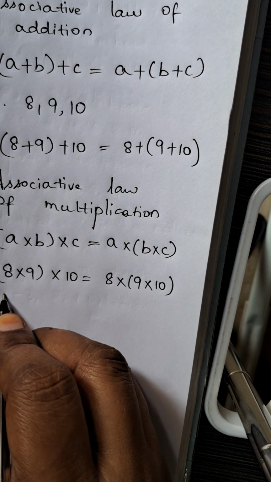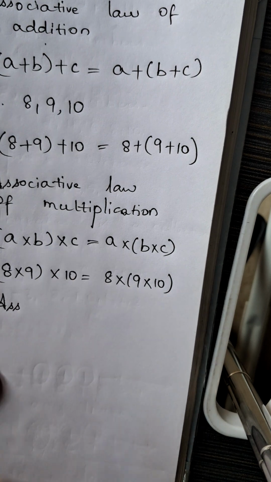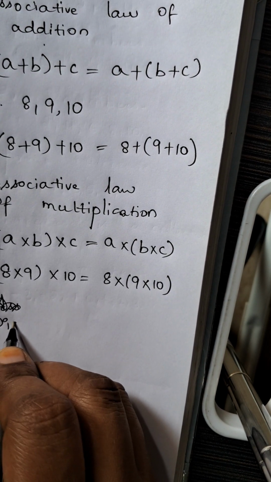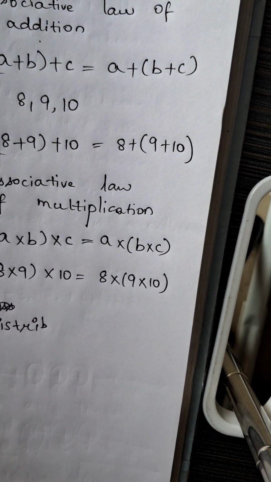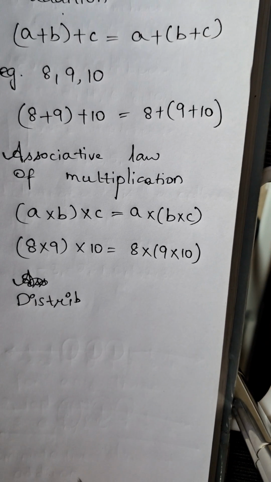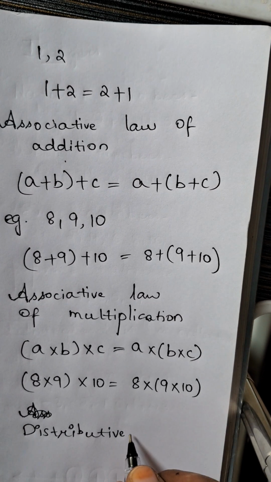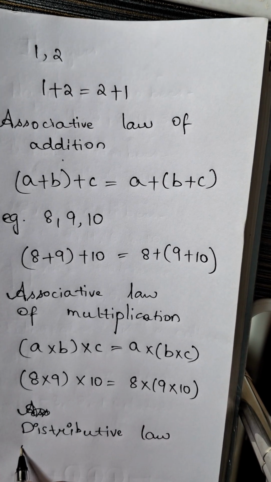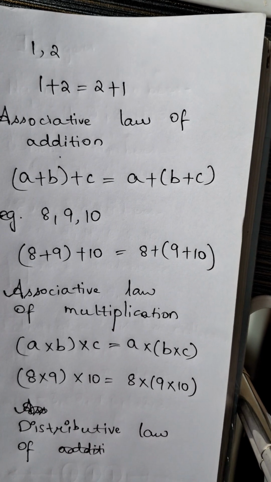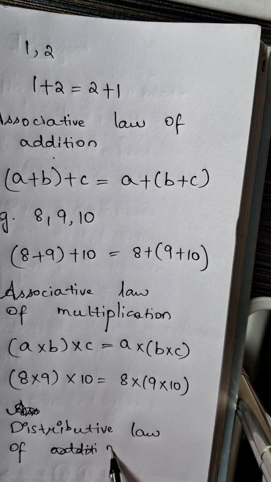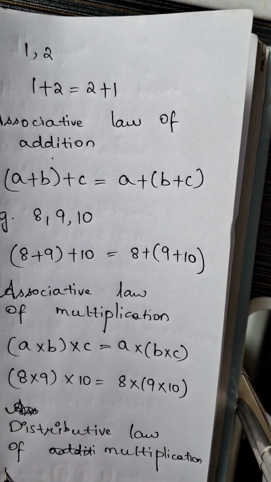Associative law of addition is done, associative law of multiplication is done. The next property is the distributive law of multiplication over addition.